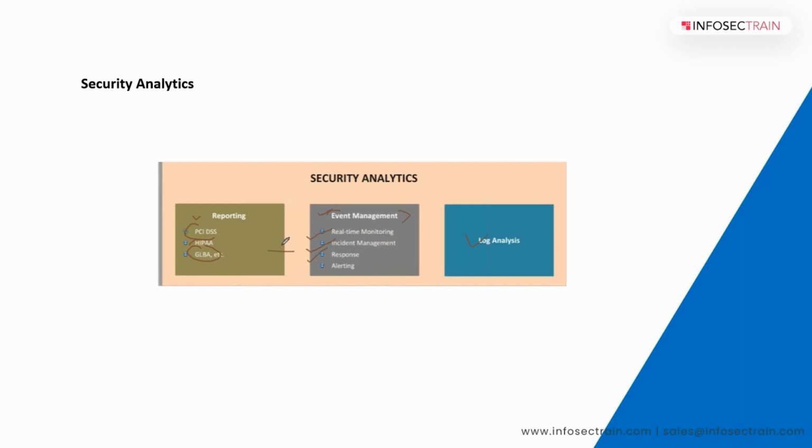If any incident happens, alerting is also done with the help of event management. And after that, we analyze with the help of logs. So security analytics involves log analysis, event correlation, real-time monitoring, alerting, reporting, incident management and response.